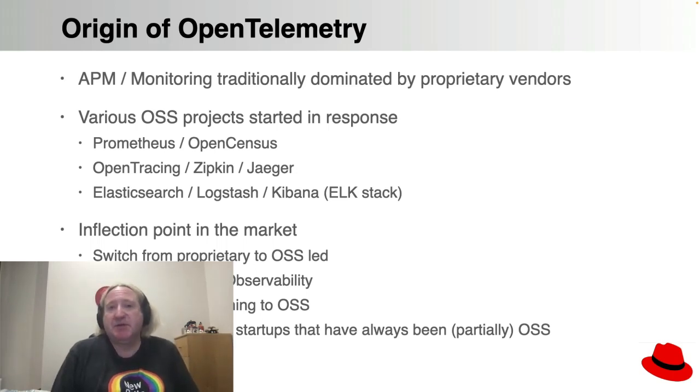So in the course of 7 months, one of the last things I did at New Relic before I left was help to oversee the open sourcing of about $600 million worth of intellectual property. So the market is definitely all heading in this general direction. And one of the technologies, one of the key things behind this is OpenTelemetry. So let's take a look and let's see what OpenTelemetry actually is.